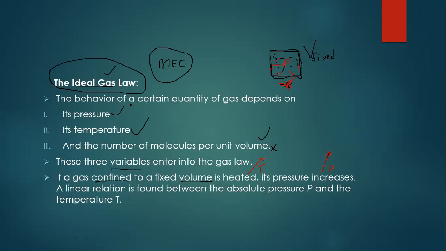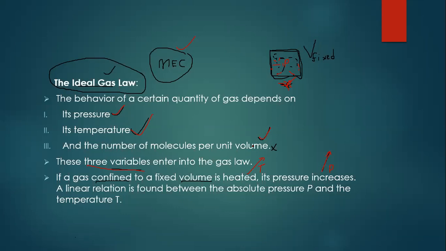So here now on the ideal gases, we are talking about the mechanical properties of gases in terms of pressure, temperature, and volume. So we are going to look at these three variables today, and we just want to see how they interact with each other when one variable is increased or decreased and whatnot.